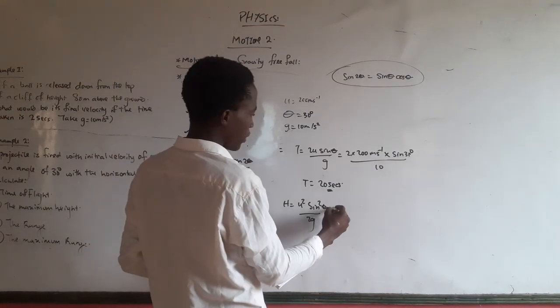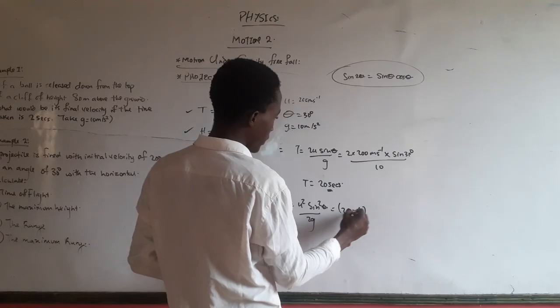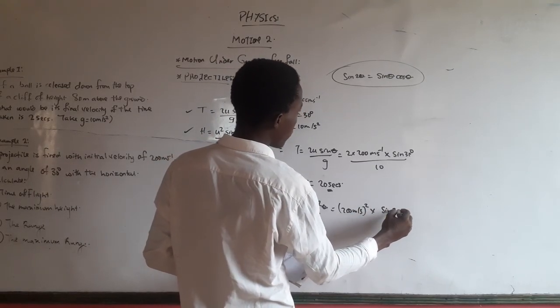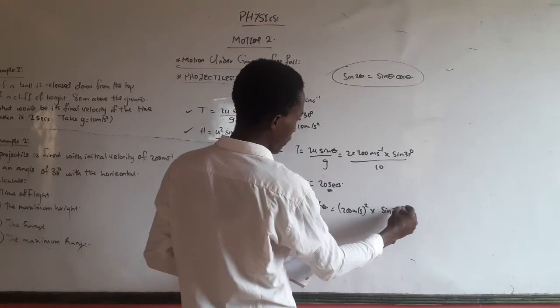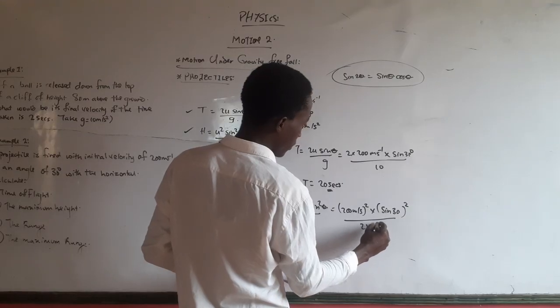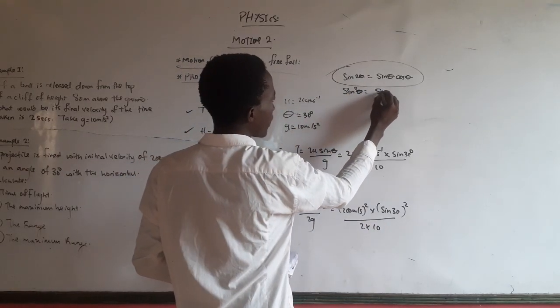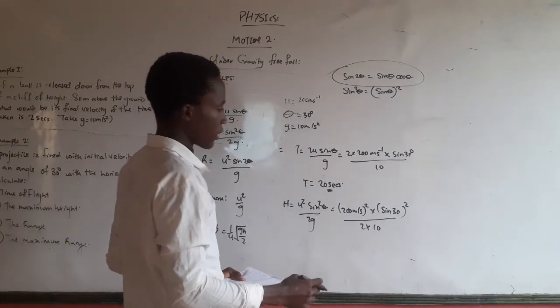So what we're going to do is u squared, that's 200 meters per second squared, multiplied by sine theta squared over 2 multiplied by 10. Whenever I see something like sine squared theta, it means sine theta, everything squared. Just know this is the standard.